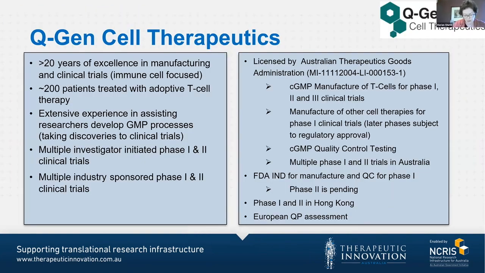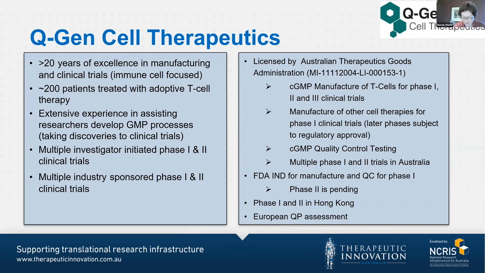Now in Queensland, there is QGen Cell Therapeutics, which specialises in adoptive T-cell therapy, and it has more than 20 years experience in manufacturing, in clinical trials, and in assisting researchers in developing their GMP processes.